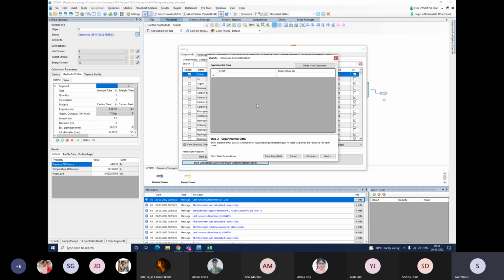That's all. Once you copy and paste the data and click on next, it will plot the data. Then it takes it as an input into the DWC. So that way, even crude assays and very complicated petroleum components can be defined using this process simulator.